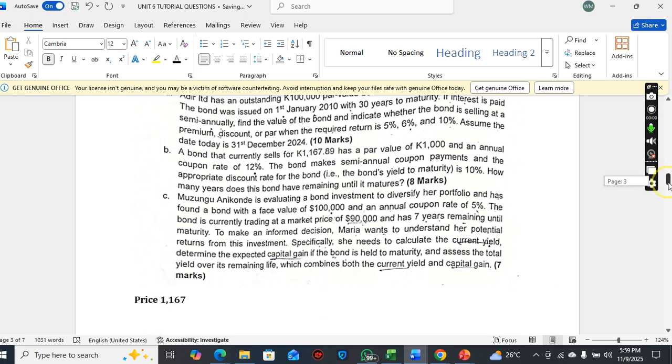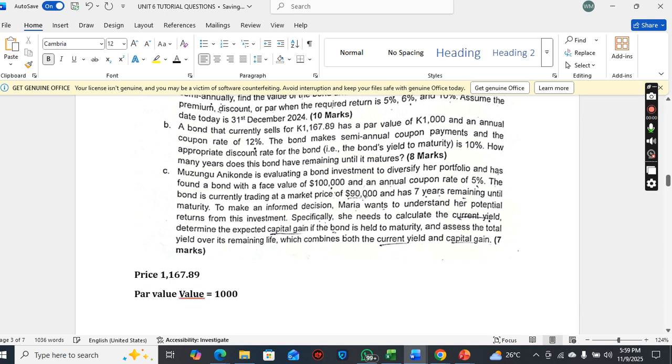Yeah, so the price 1,167.89, par value is 1,000. Okay, so semi-annual coupon payments, so get the interest payments.